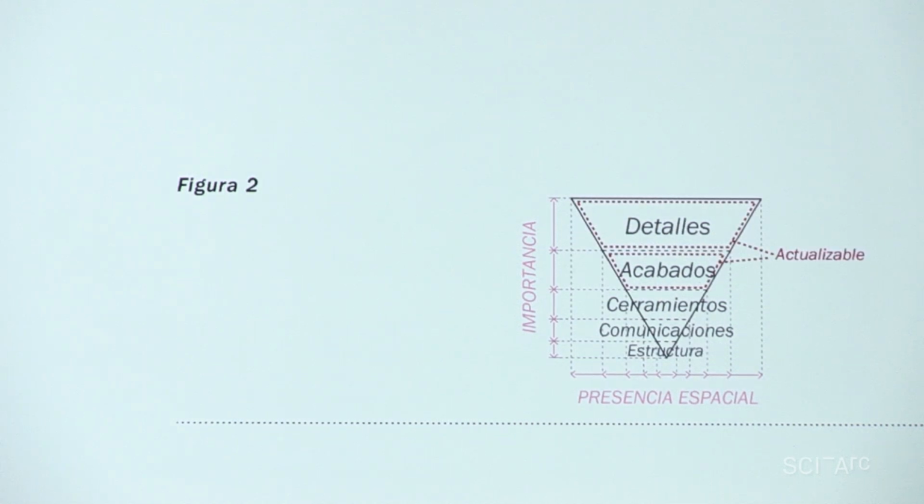With the years of practice, we are consciously trying to adopt this other approach to architecture, in which details are more important, or the thinking about details happens previously to decisions about finishing, communications, enclosures, or structure.